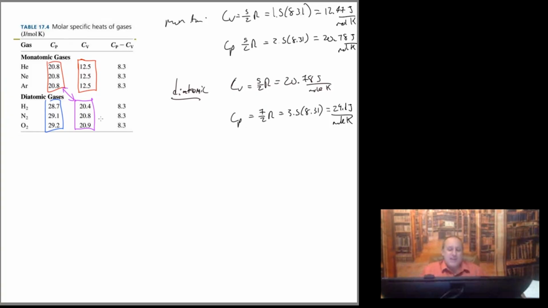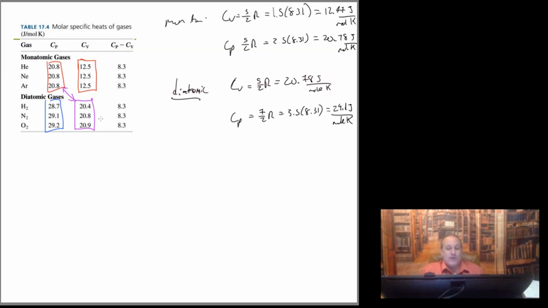Okay, so at any rate, I'm just giving you a sense why it's not perfect, but it's very well understood why they are not exact. It has to do with the distribution of velocities and quantum mechanics. This is a very, very accurate and successful theory. And for monatomic gases, there's just no room for other degrees of freedom. They don't start vibrating because there's not two things to vibrate, and they don't start rotating because it's just like a sphere.